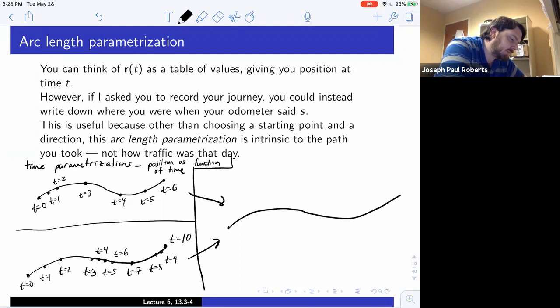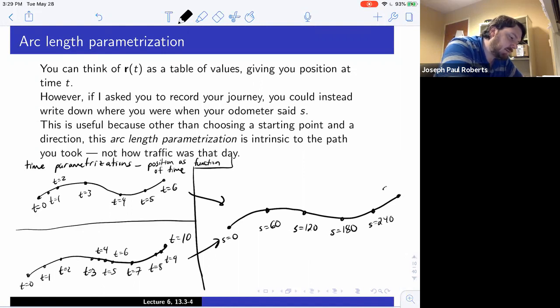So for example, let's say that, okay, maybe this is s equals 0. So you zero out your odometer when you're at your starting point. And then, let's say, assuming a speed limit on the highway of 60 miles an hour, maybe this right here is like 60 miles away. And that this is another 60 miles away, another 60 miles away, another 60 miles away.